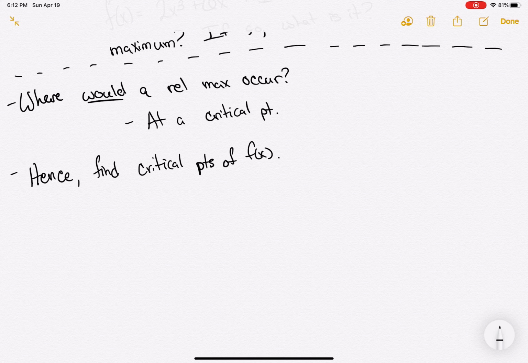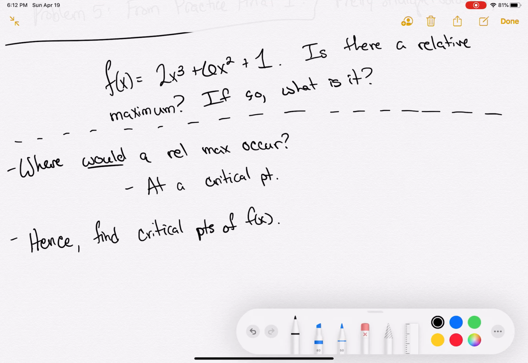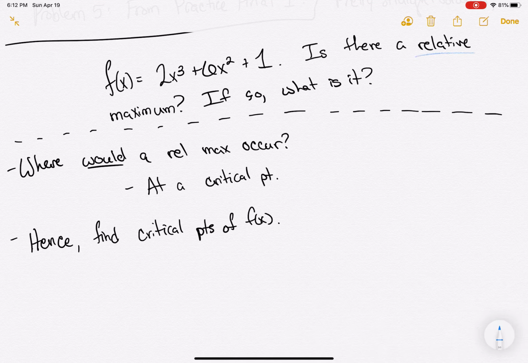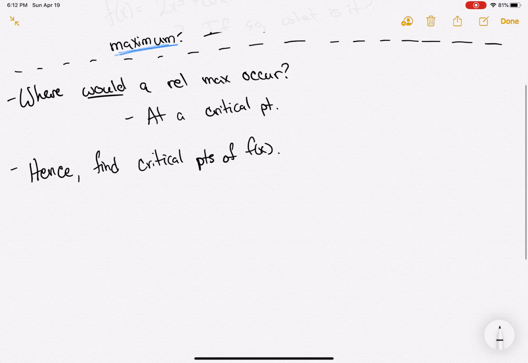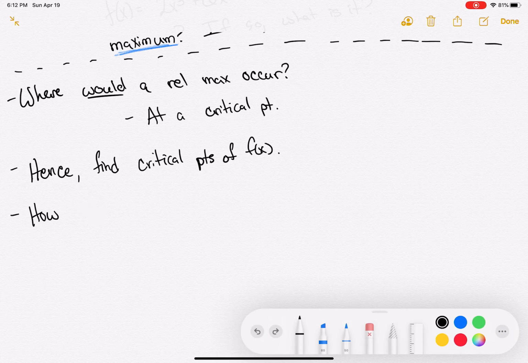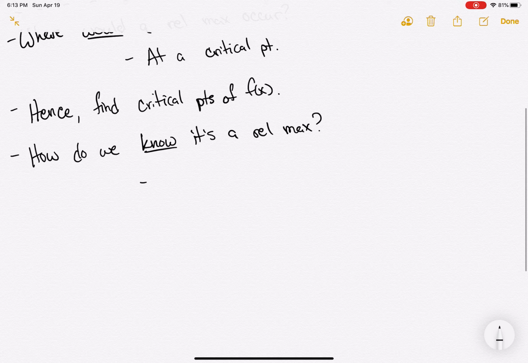And then this is something that I think a lot of you guys forgot on the exam, is that relative maximums have very special things that happen about them. What's special about a relative maximum? How do we know it's a relative max? And the answer to that is that the function has to be concave down there.